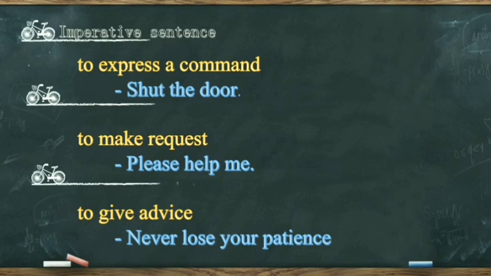And finally, never lose your patience. We advise someone. So these are the examples I have given for imperative sentences. I request you to make your own examples based on this category. Clear, children? Another important piece of information about imperative sentences is that they always end with a full stop.